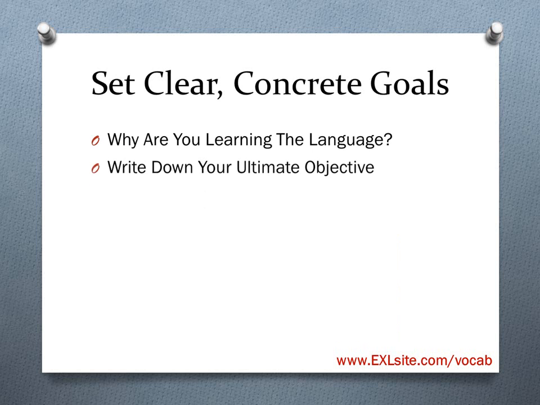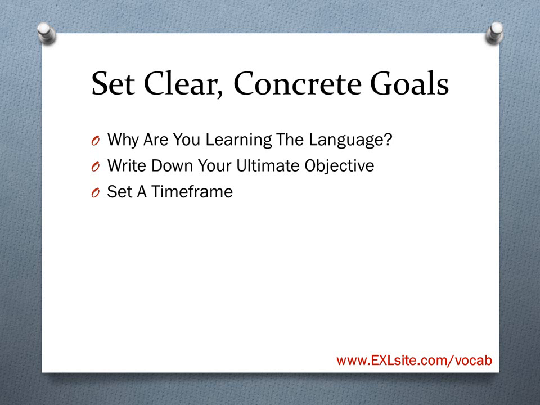The next thing you need to do, step 2, is set clear, concrete goals. You need to understand why you want to learn the language. You need to write down your ultimate, your final objective, what you're setting out to accomplish. And by writing it down, you are putting it on paper.